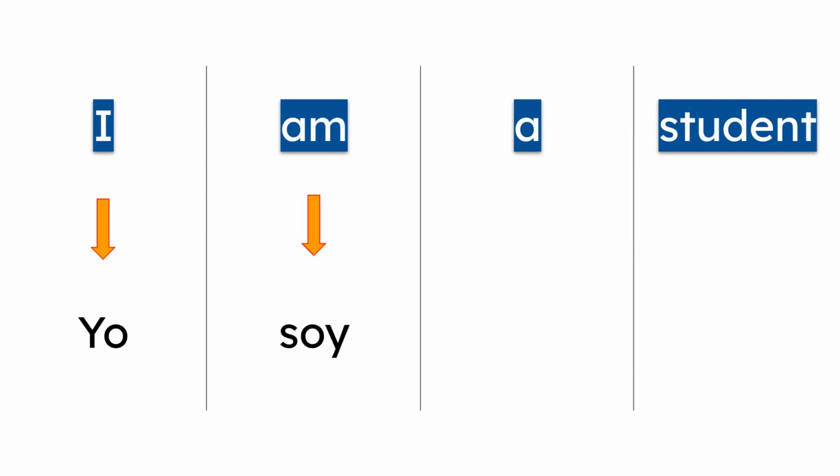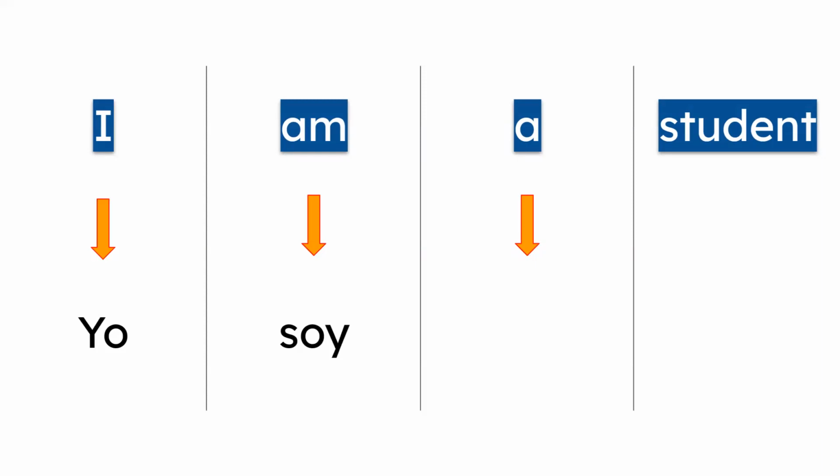Yo soy. And then we want to say, what do we do? In English, we usually introduce an A before the occupation or profession we have. So in Spanish, actually, we say nothing. So we keep with yo soy. And then the occupation.